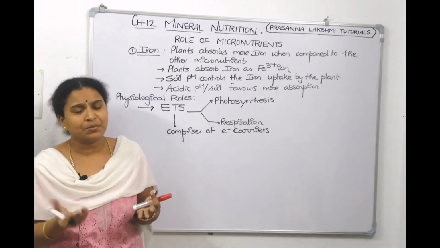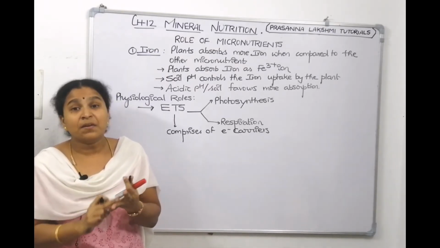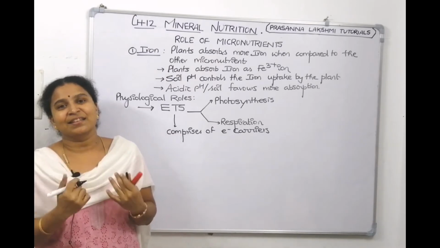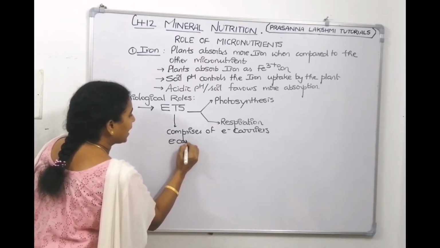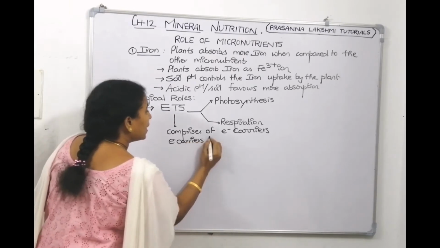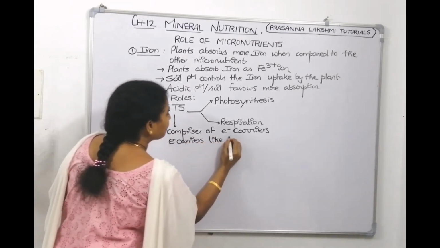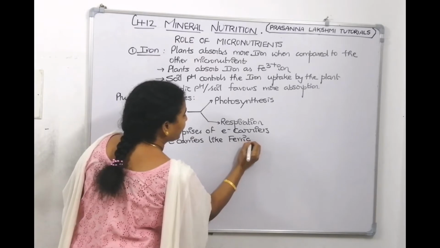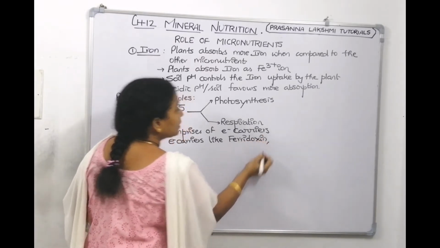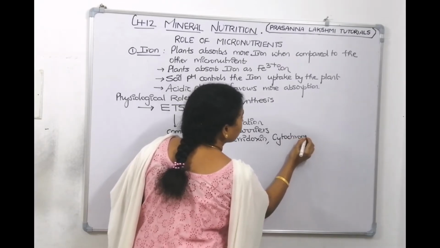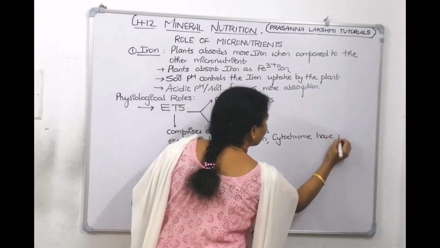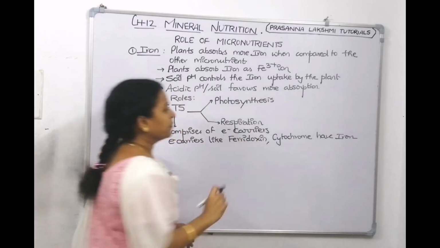Electron carrier names: one is ferredoxin, the other one is cytochrome. They have iron in their structure.